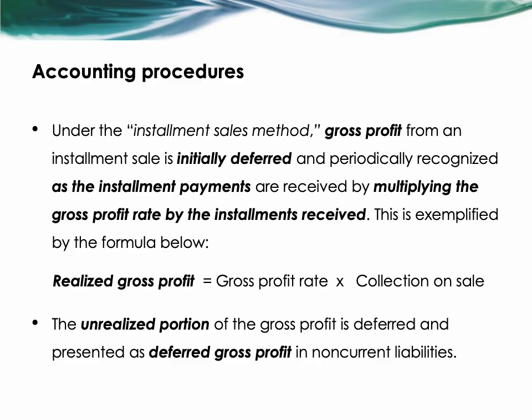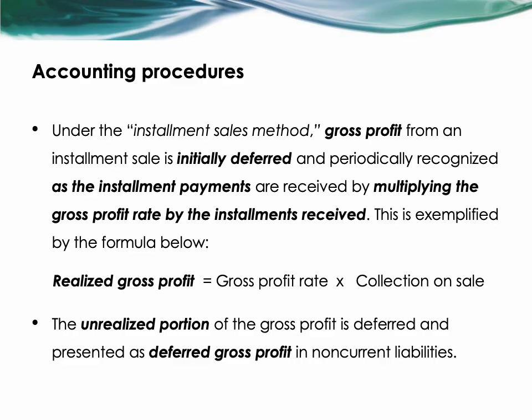This is a crucial distinction from the PFRS 15 approach. The gross profit from the sale is initially deferred, meaning it is recorded as a liability and not as income. As the installment payments are received, a portion of that deferred gross profit is realized as income.